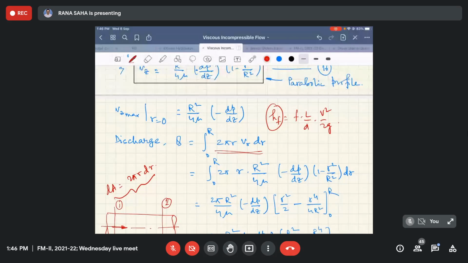The length is L, the diameter of the pipe is D, and the velocity is the average velocity. So here, if I write it in terms of delta P, I need to multiply by rho G on both sides. Rho G HF, that is actually my delta P, we can say.